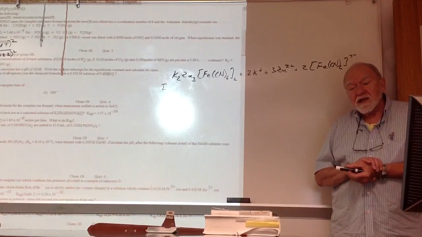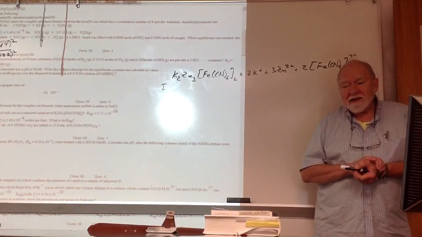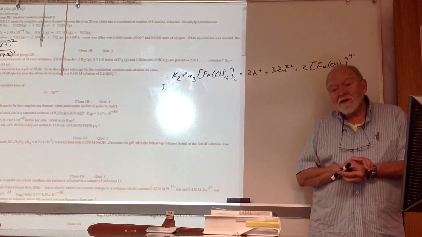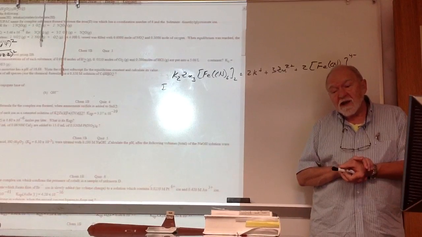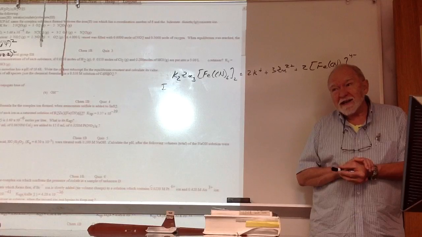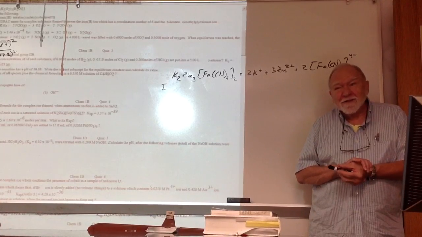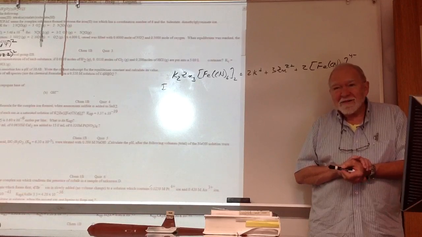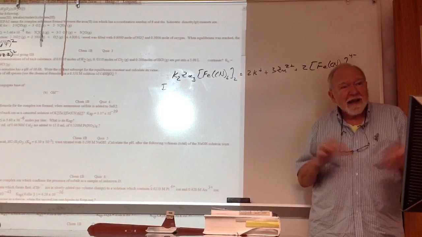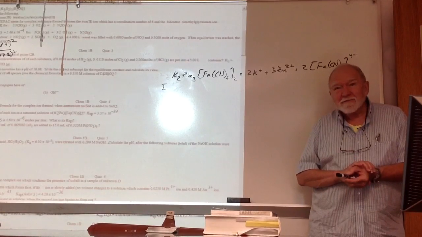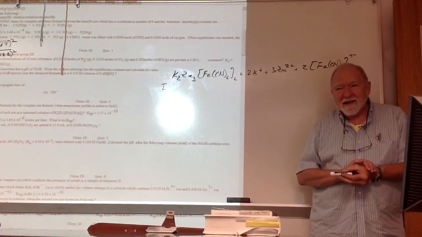One of the interesting things, and I haven't had people calculate this in any of the classes in a lot of years, but one of the textbooks we used to use said, if you have bismuth sulfide and the KSP is 10 to the minus 99, how many ions are in the Pacific Ocean? When you do the calculation, they gave you a volume for the Pacific Ocean. They calculated 3 or 4 bismuth ions. And you say, fantastic.